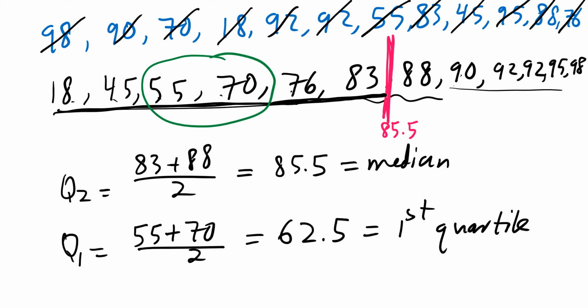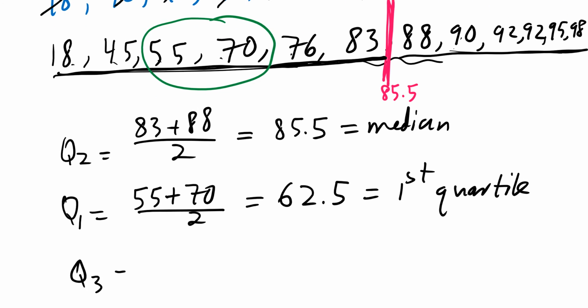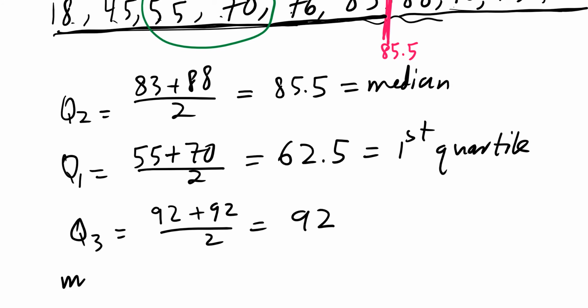And for the upper data from 88 on, that's Q3. For Q3 we take the middle ones, 92 and 92. That gives us 92. That's the third quartile. The minimum is 18, maximum 98.